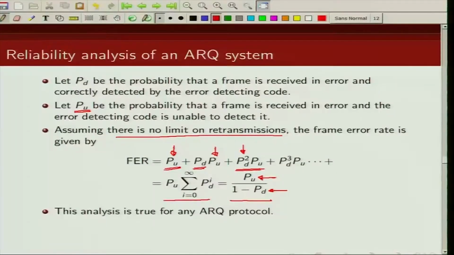Similarly, this undetected error probability is also related to the weight distribution of the error detecting code that we are using. In fact, when we talked about linear block codes, we talked about the probability of undetected error. If you are sending the all 0 code word and what we receive is a non-zero code word, then there's an error.